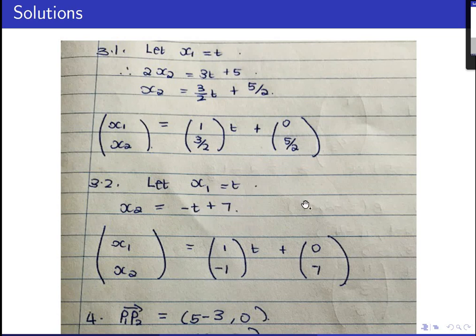But we can move from the parametric representation to the vector form of the equation, which will just be x1 equals 1 times t, but x1 has no intercept, which means we will just have 0. And x2 is minus 1 times t, so we will have minus 1 and 7, because here the intercept is non-zero, so we add 7. So this is the vector form of the equation.